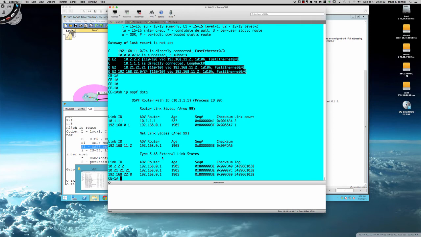So what is the difference between the 1 and the 2, the E1 and E2? And so very simply put, since these are coming from outside of OSPF, these are external to the OSPF domain, a type 1 would say, I'm interested not only in the external cost to get to me, but I also want to take into consideration any internal cost.